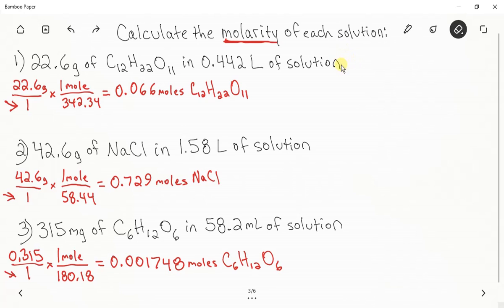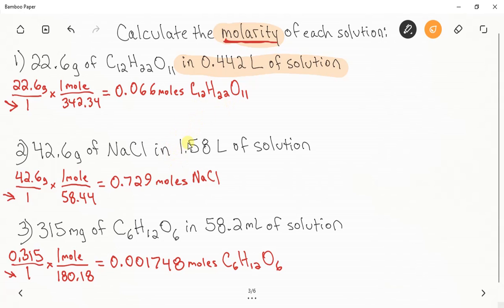So notice there are additional constraints added on to each problem now. And that's going to show us how to calculate the molarity of the solution. As you can see here, we have the same numbers and the same molecules. Number 1, 22.6 grams of C12H22O11. But now we have an additional part to the question: in 0.442 liters of solution.